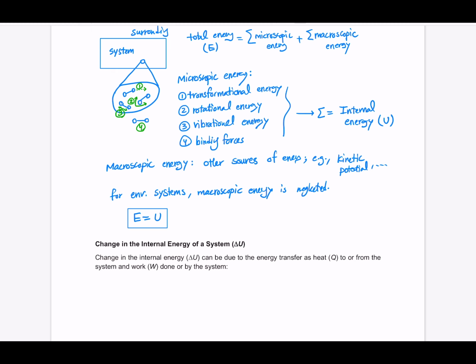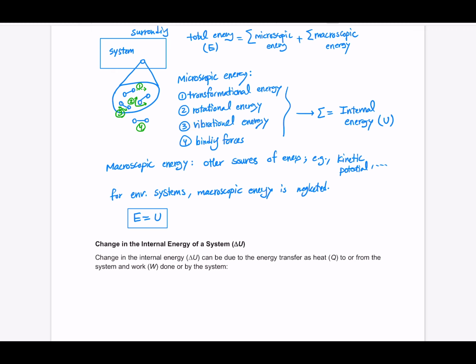It's very hard to calculate the internal energy because we need a lot of information about the molecules. We need to know about the translational energy. We need to know about the composition, so calculating the binding forces, the vibrational, and also rotational. So it's very hard to calculate that.